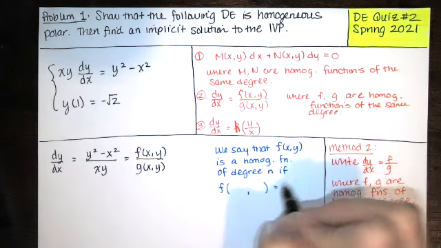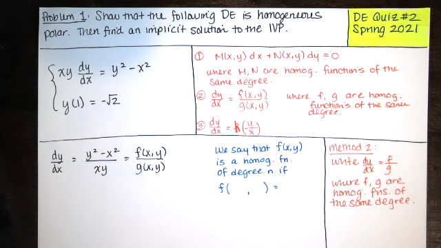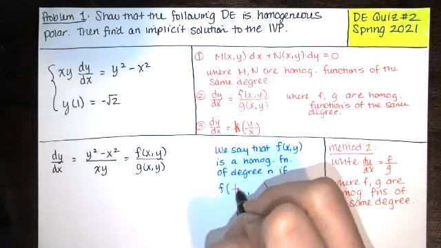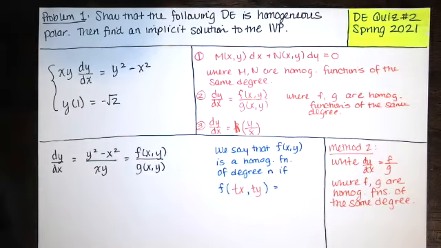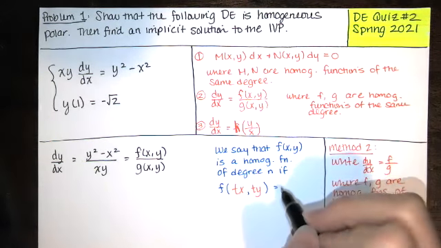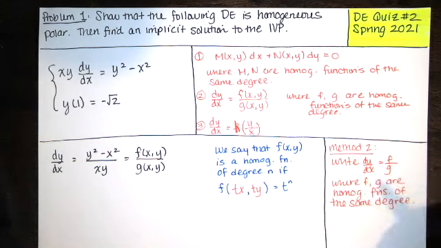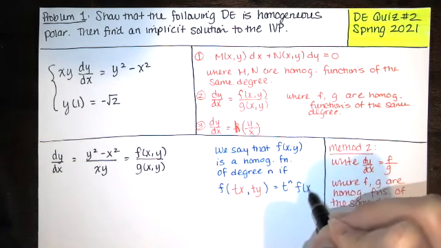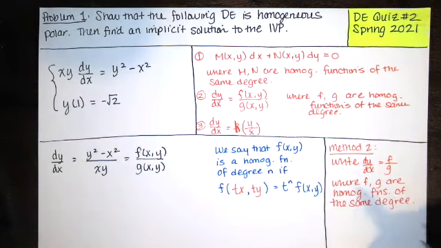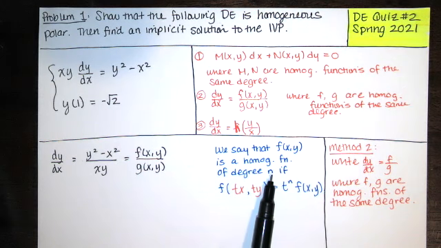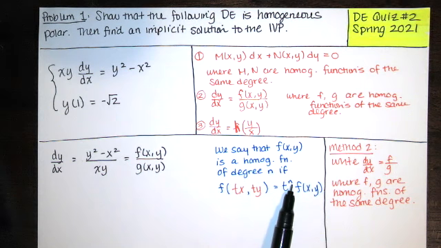If you can replace x with tx and y with ty, and then do some algebraic manipulation and factor out a power of t, and be left with the original function f of x, y, then we say that f is a homogeneous function of degree n. The degree of that homogeneous function is the power of t that's written right here.